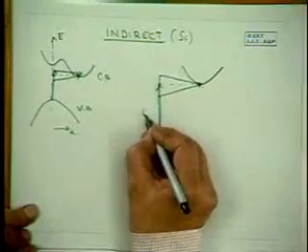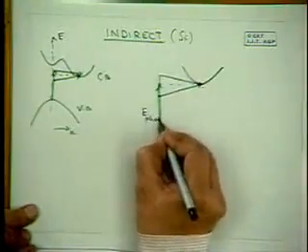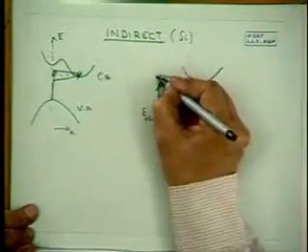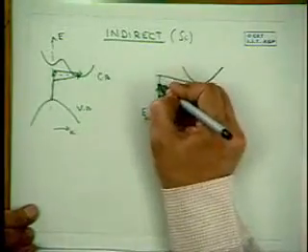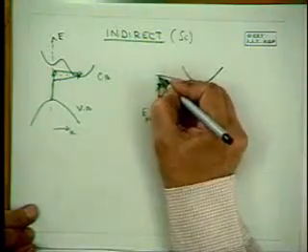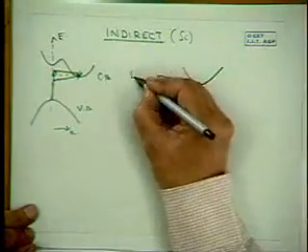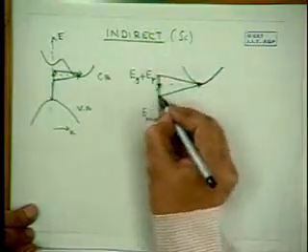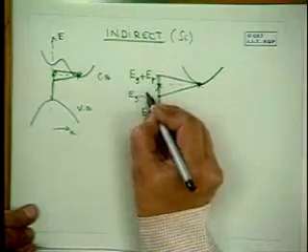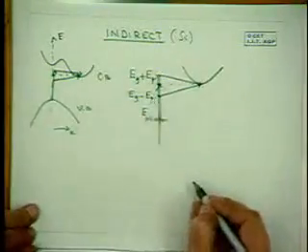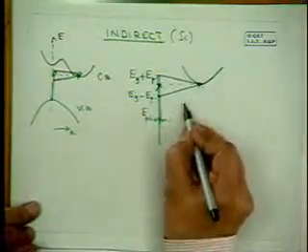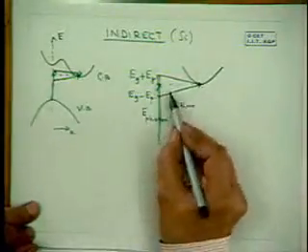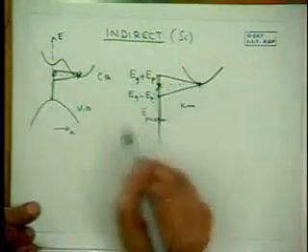So if this is the photon energy, for the case of emission of a phonon, this energy is Eg plus Ep, where Ep is the phonon energy, and this energy is Eg minus Ep. And this momentum is conserved due to phonon participation.